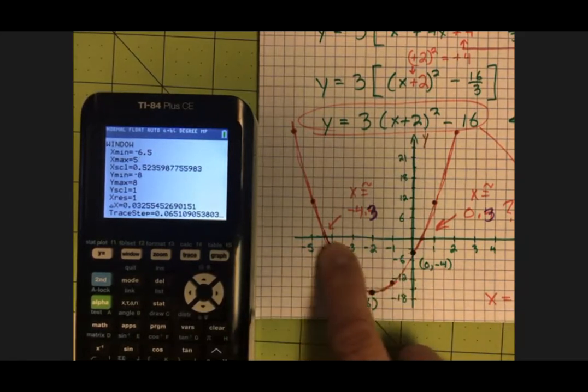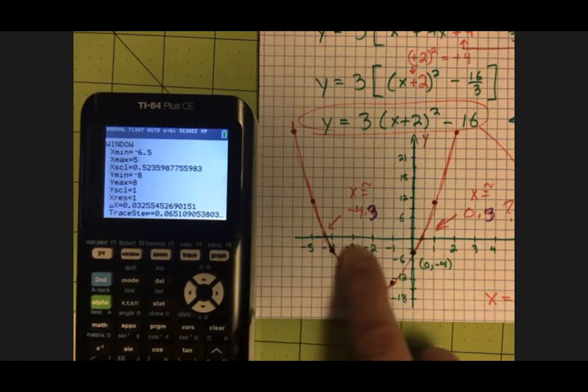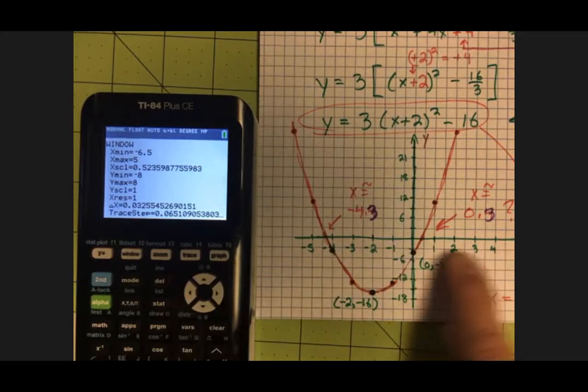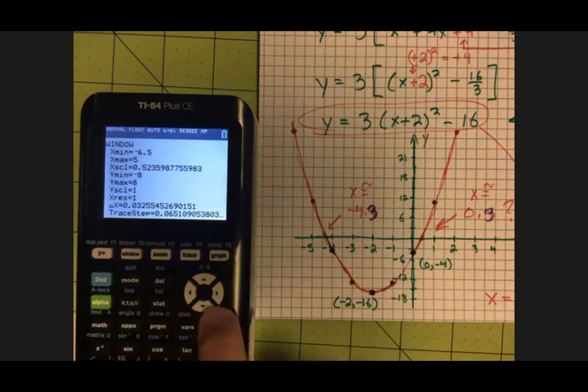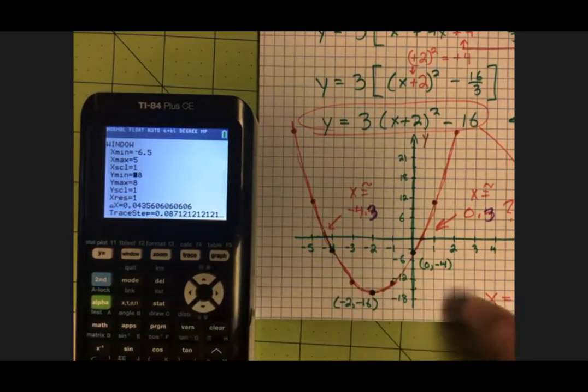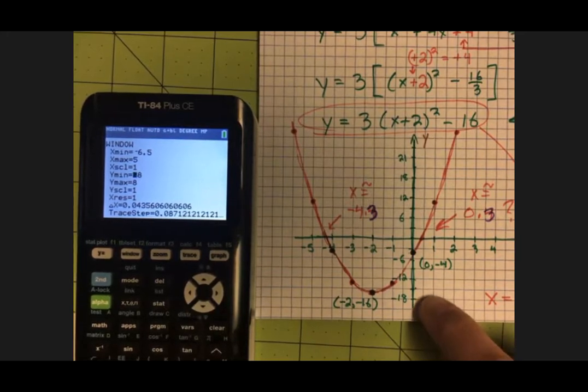And what do I want from my scale? I could count by ones. Sure, I could count by halves too, but that might be a little bit cluttered. Let's count by ones. X scale 1. Y scale is a little bit different. Y scale is going to be down here, minus 18, minus 21. I'm counting by threes, so that's going to be big, minus 21.